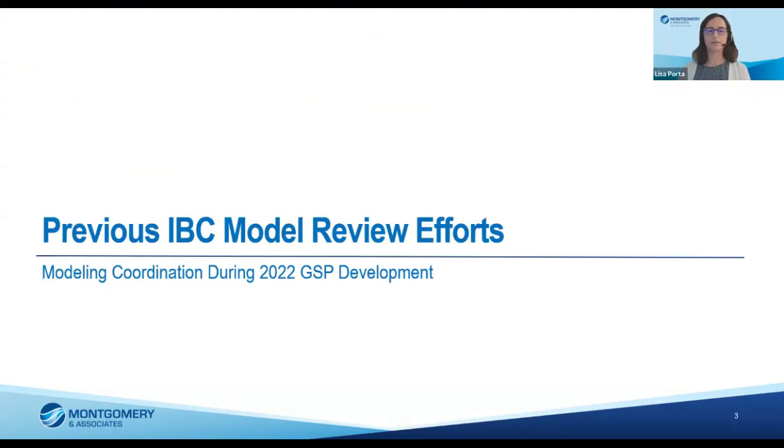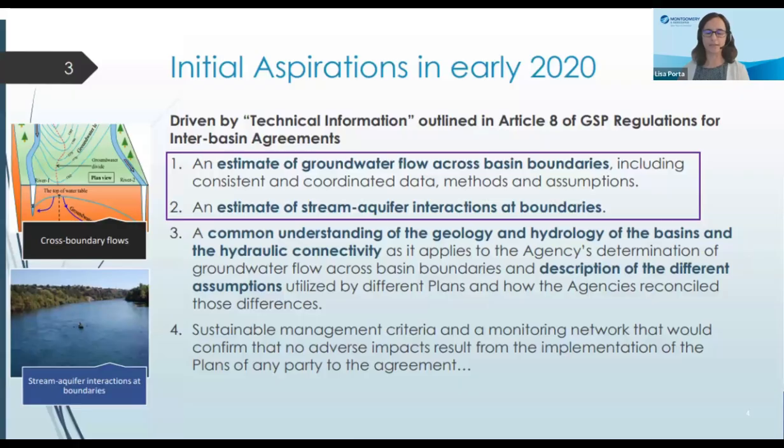During the GSP development, which ended in 2022, there was already a need and identification of model coordination and collaboration in the region. This was driven by the technical information outlined in the GSP regulations for interbasin agreements.